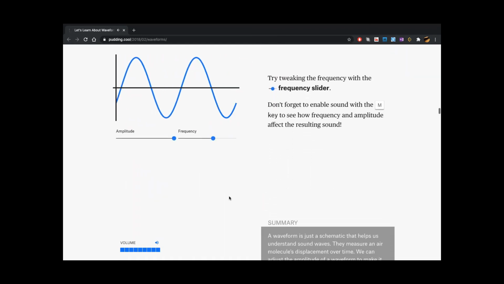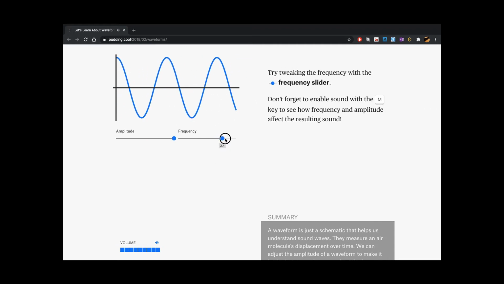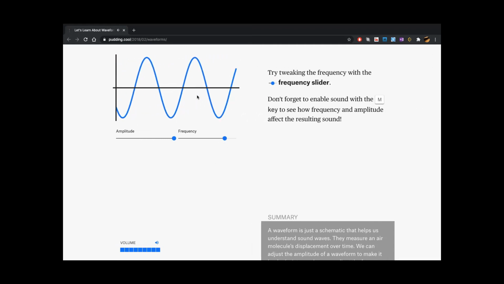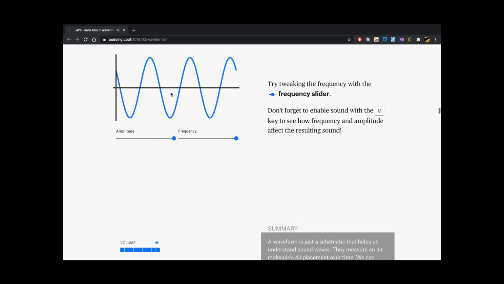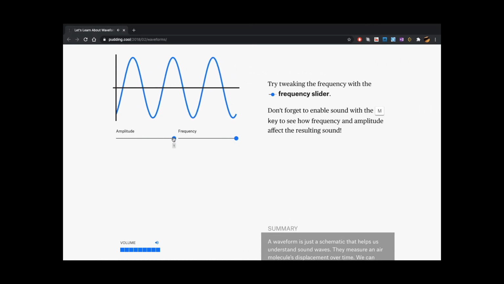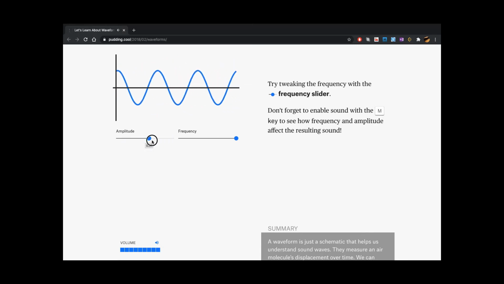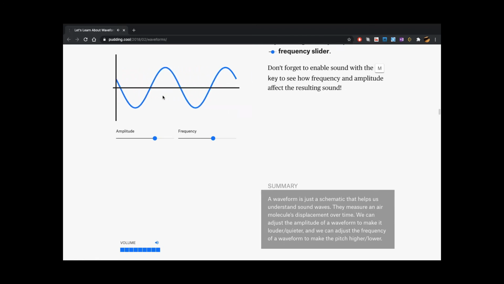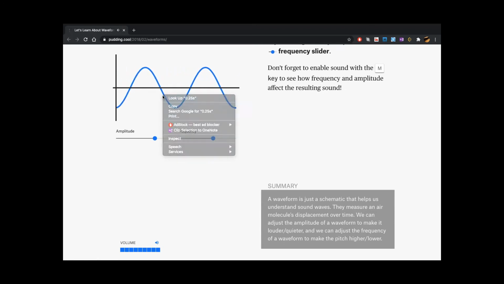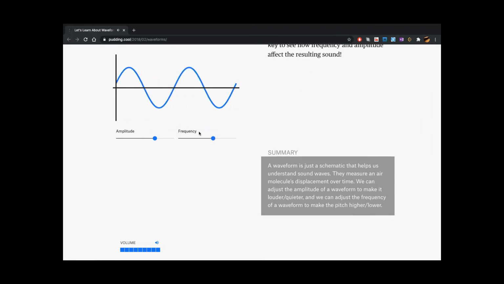Now, we can change the frequency. If I increase the frequency, this is moving very fast.